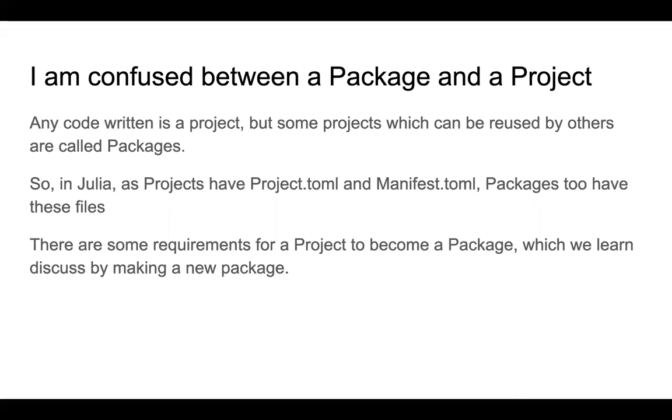In Julia, we have both projects and packages, as you all know. The minimum requirement of a project is that you must have a project.toml file and a manifest.toml file. As I said, packages are projects too, so packages have these files as well. But for a project to become a package, you need to have some particular conditions met. I'll discuss what these conditions are.